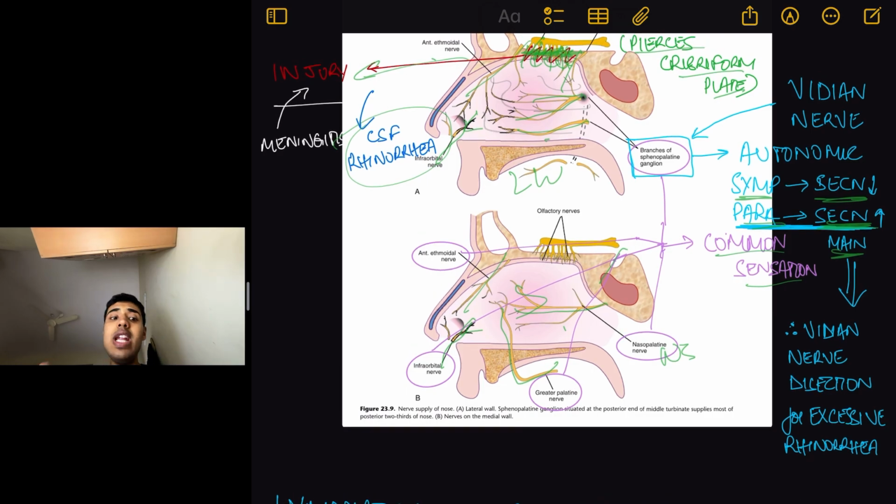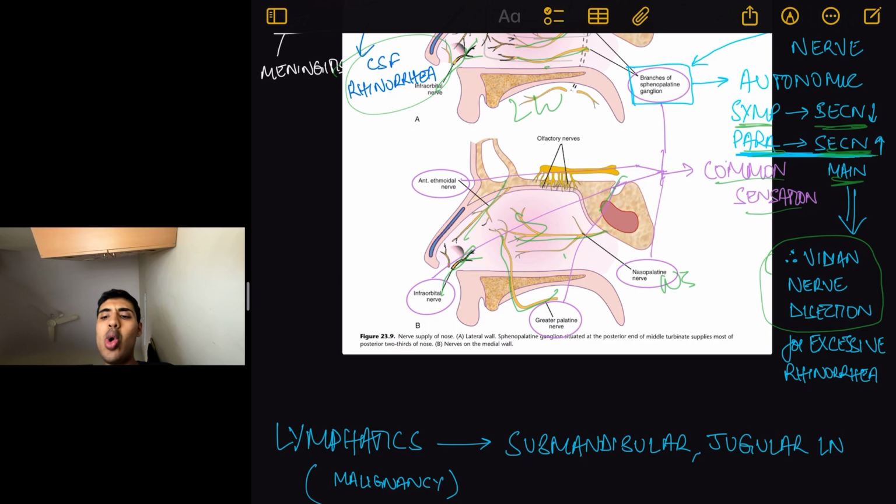So we do something known as Vidian neurectomy or Vidian nerve dissection. What is this Vidian nerve dissection? Basically, when there is excessive rhinorrhea, we dissect the Vidian nerve so that secretomotor nerve supply gets cut off and the mucus secretion significantly reduces.